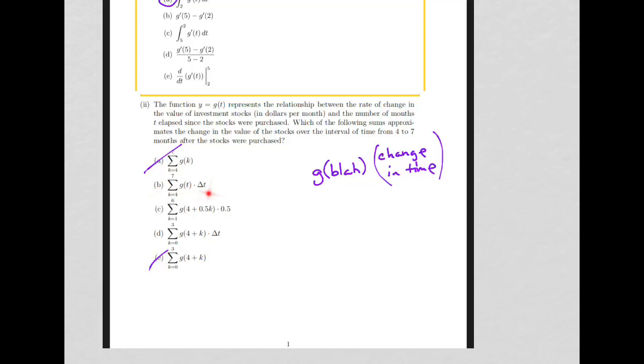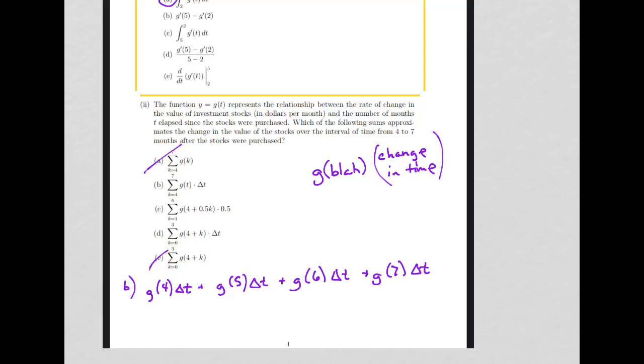Let's just write it out. For B, we're going to have g of 4 times delta t plus g of 5 times delta t plus g of 6 times delta t plus g of 7 times delta t.